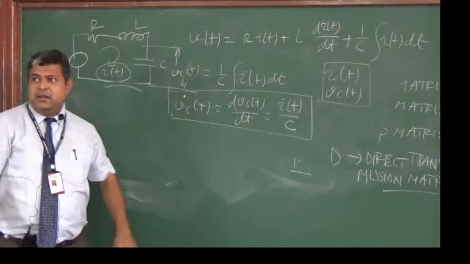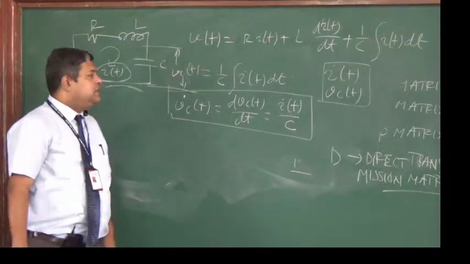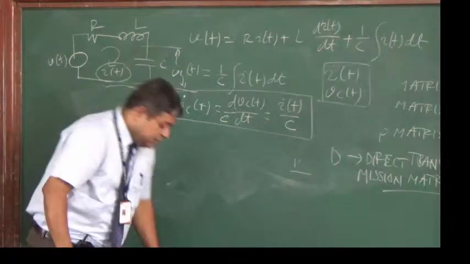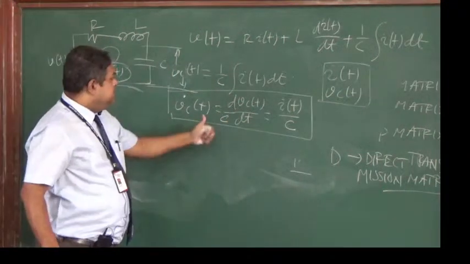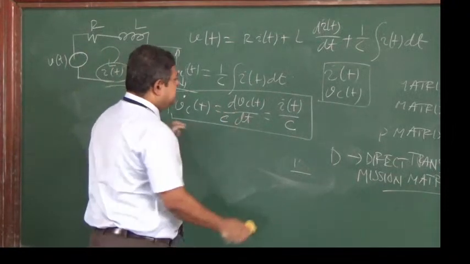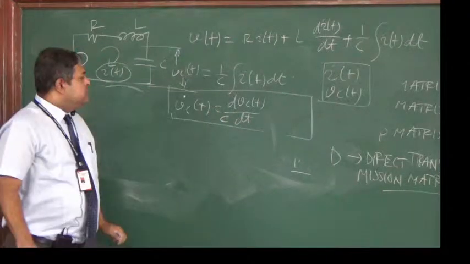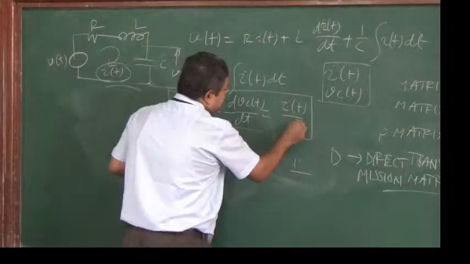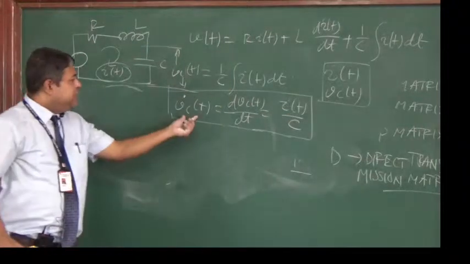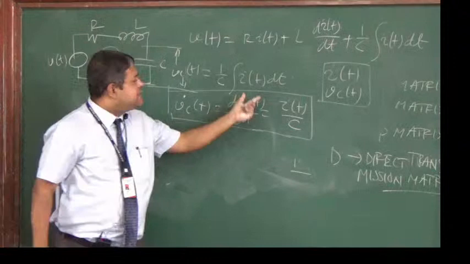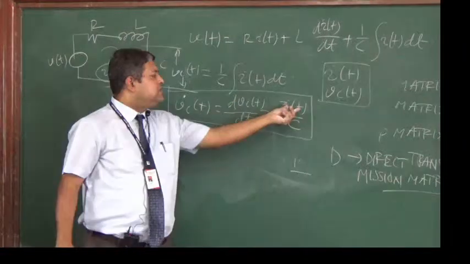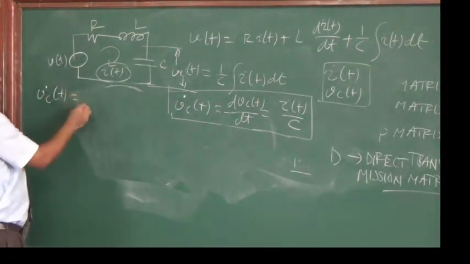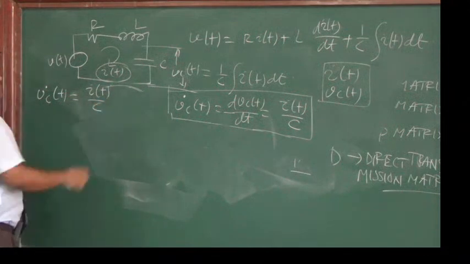In this case, for vc dot (t), just take the differentiation on both sides. Sorry, I think this is correct: dvc/dt, and on the right side this gets differentiated, so what we get is i(t) divided by C. So this equation we have to remember, I'll write it here: vc dot (t) is equal to i(t)/C. So one equation is done.